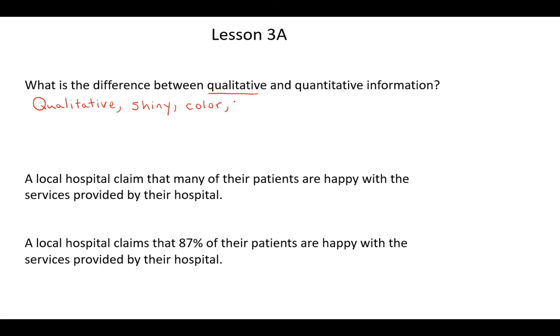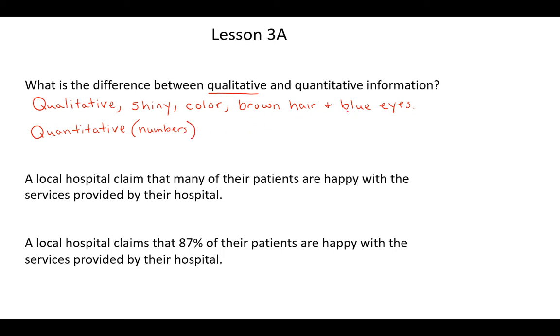If you wanted to describe me qualitatively, you might say something like brown hair and blue eyes. You might describe a person as being a hard worker or being lazy. These are qualitative things. Quantitative data means it has numbers.